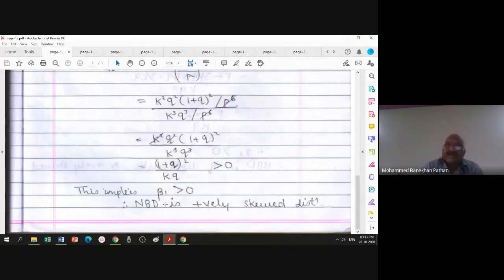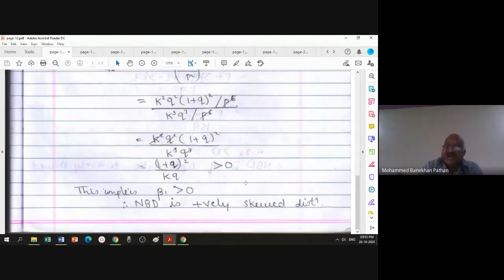So maximum data will be stretched on the right hand side if you try to draw the frequency distribution of NBD. In case of graphical representation, your x-axis will be x values and y-axis will be the respective probabilities.